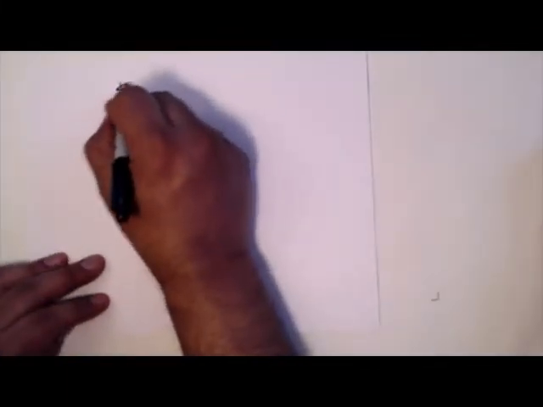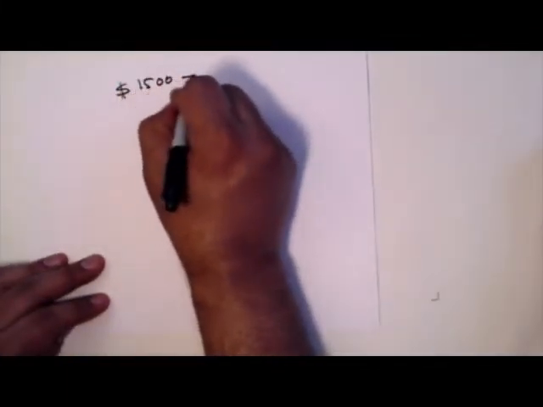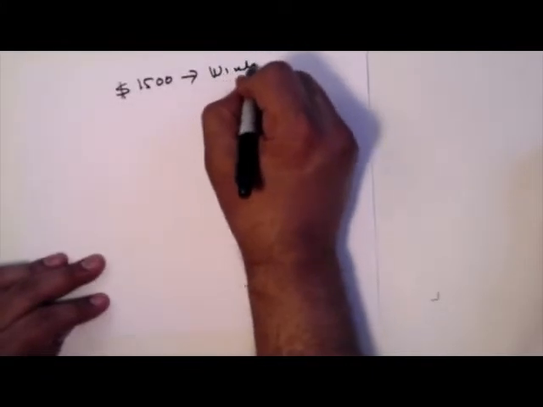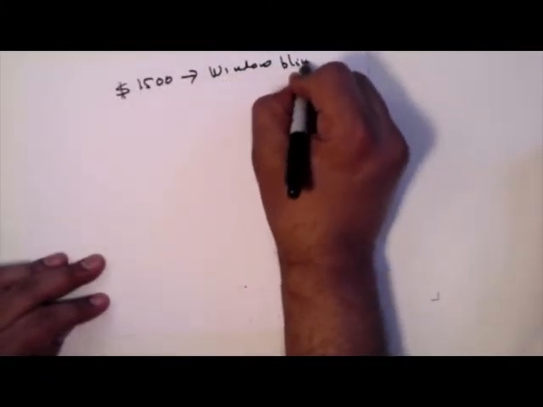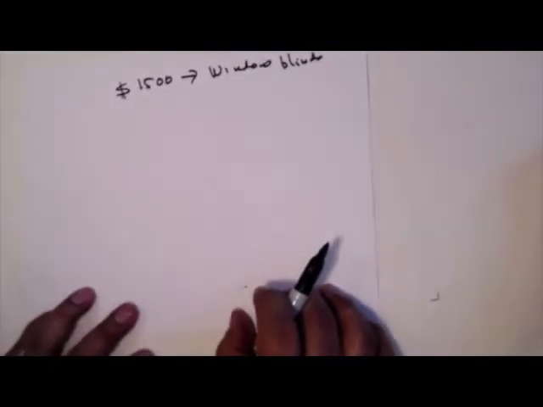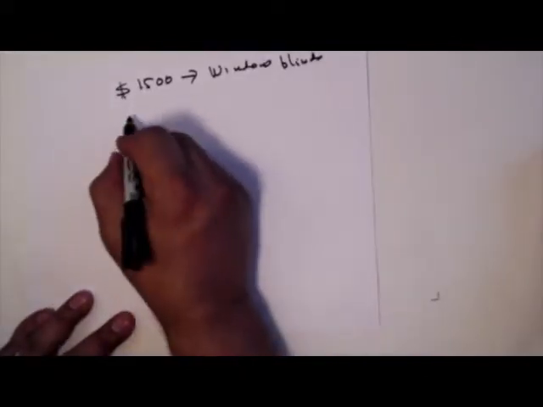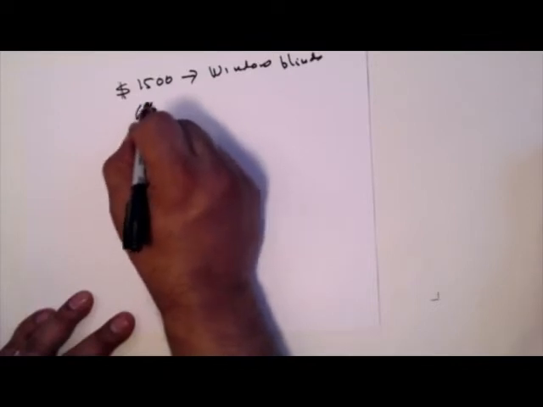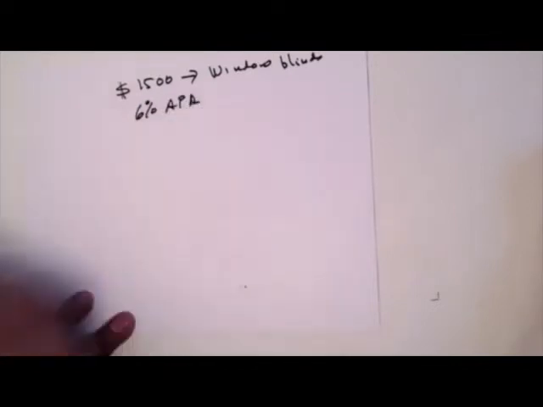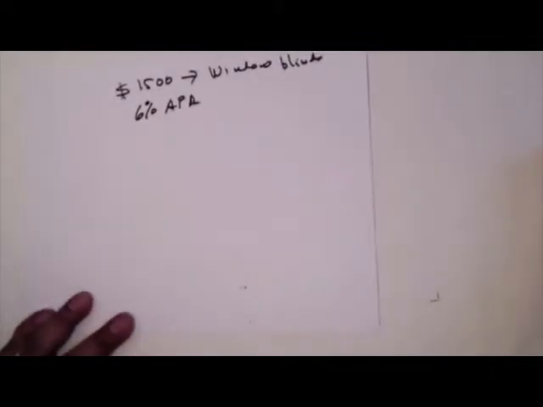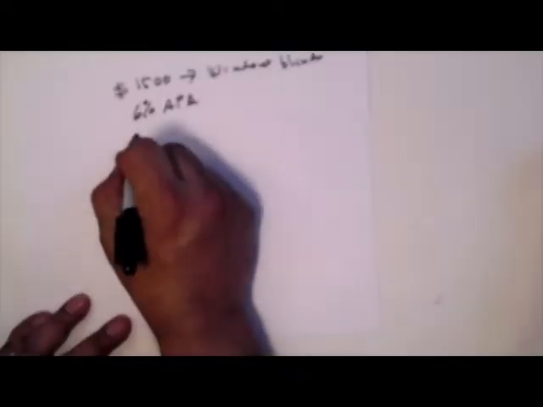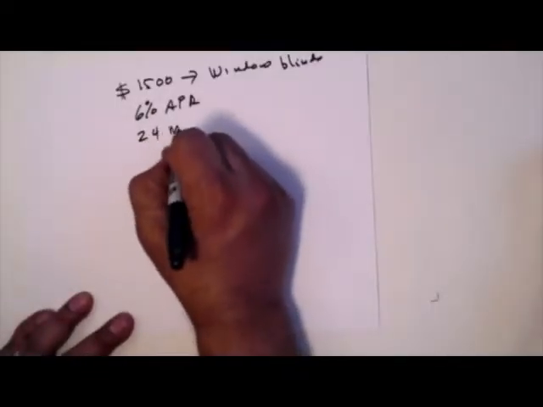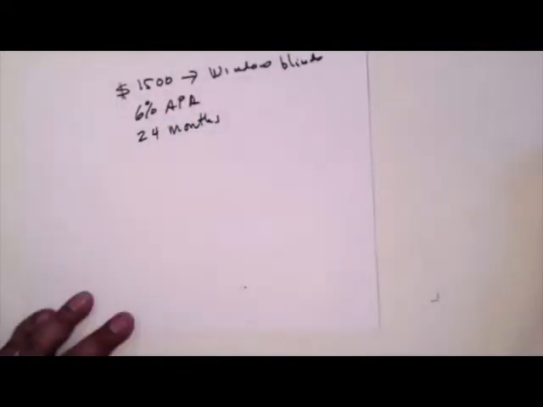If we remember, the amount was 1,500 for the window blinds. The rate was 6% APR, and it was for 24 months.